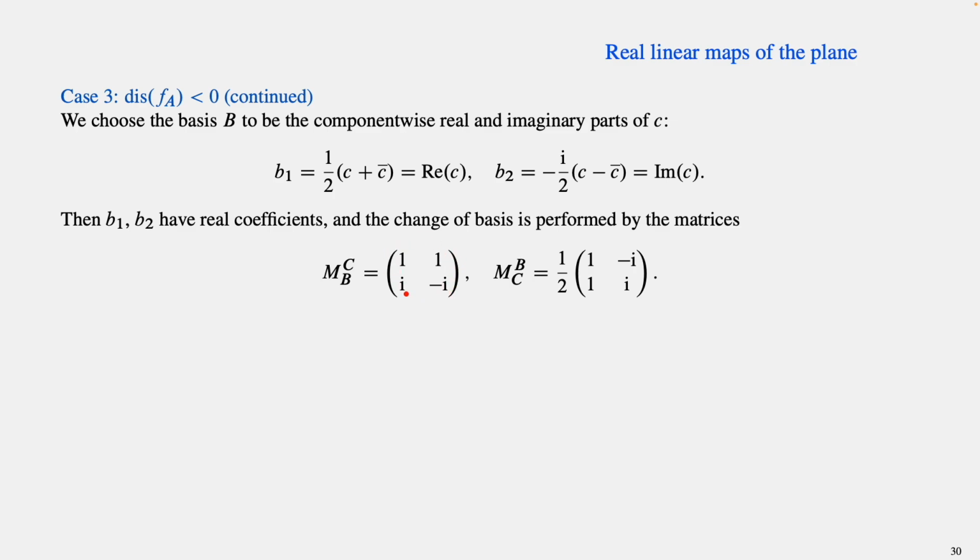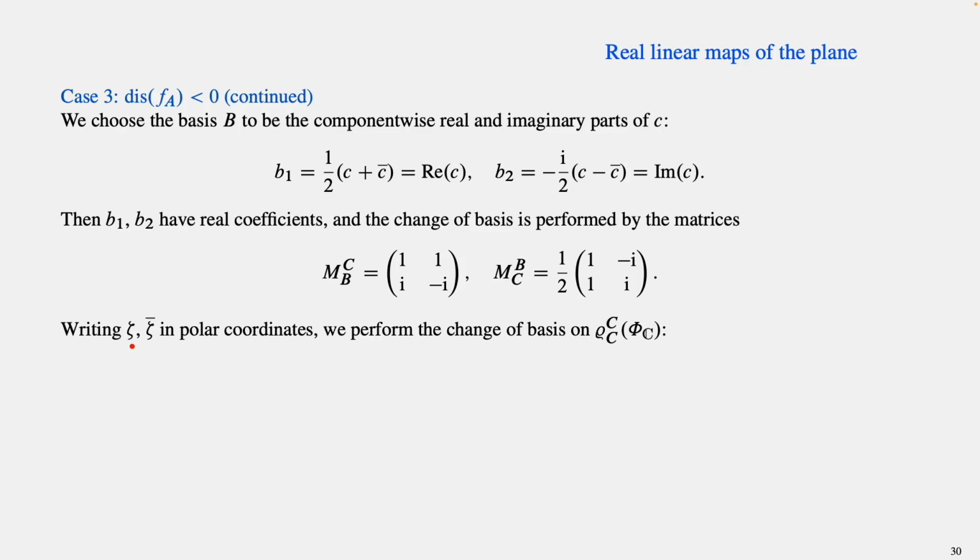So this you can easily derive from the way we constructed B1 and B2. And then the reverse change of basis, MBC, just has to be the inverse matrix of this one. And for example, you can quickly compute this using the explicit formula that we derived in the chapter on determinants.